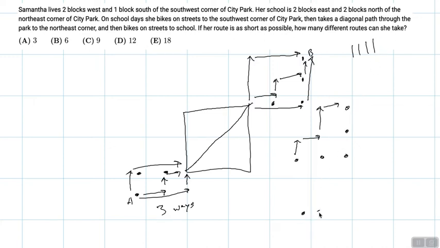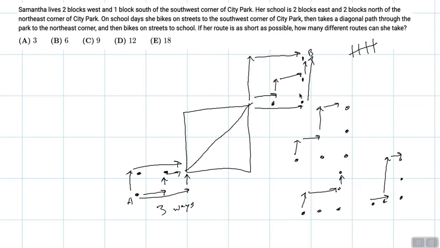And she could also go up, all the way over, up. That's 5. And she could go over, all the way up, over.